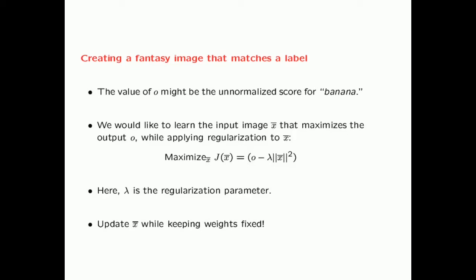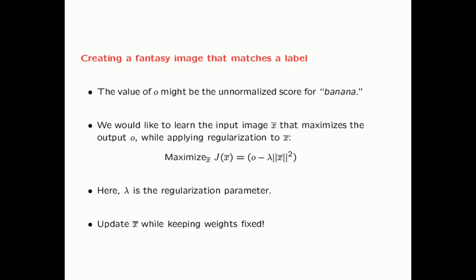That's very important here. Otherwise, you will not get meaningful visualizations. Here, you are trying to maximize the score of O. You already have a trained neural network. Let's say you trained a neural network using a large data set. But now you hold its weights fixed.